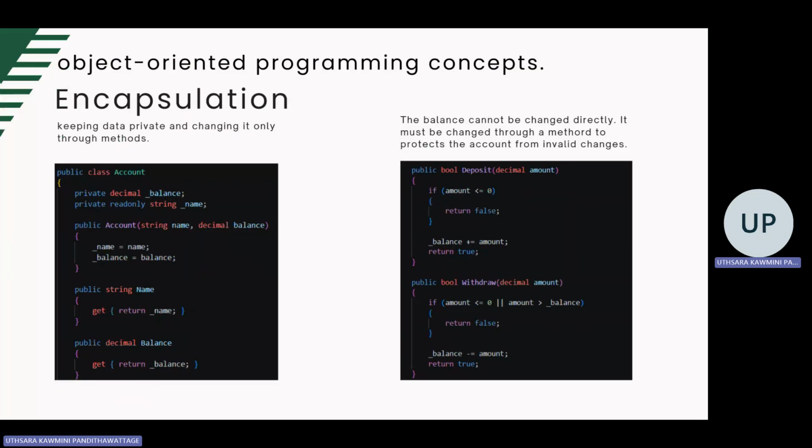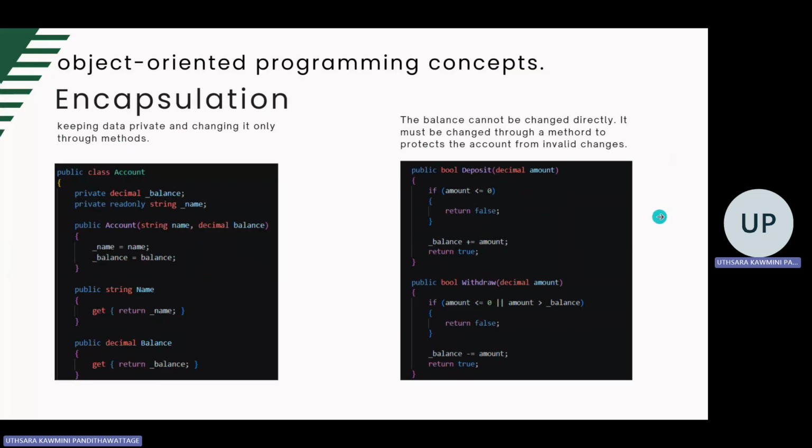This protects the account from invalid changes. For example, the Withdraw method checks if the amount is valid and if there's enough money before reducing the balance. The Bank class also uses encapsulation and the account list is private. Accounts can only be managed through methods such as AddAccount and GetAccount.